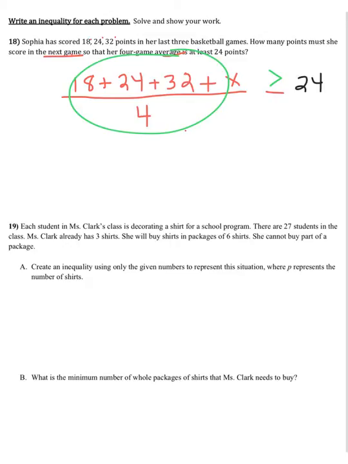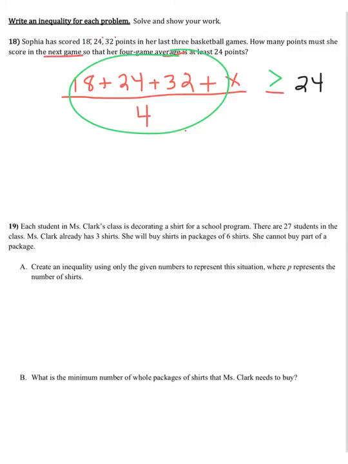So I would just go ahead and do what I can do in this problem. 18 plus 24 plus 32 equals 74. 74 plus X divided by 4 is greater than or equal to 24. So this is a big quantity here, so I'm going to times this by 4 over 1.